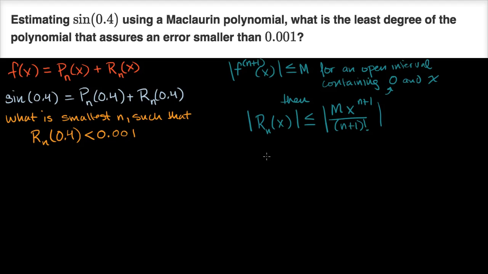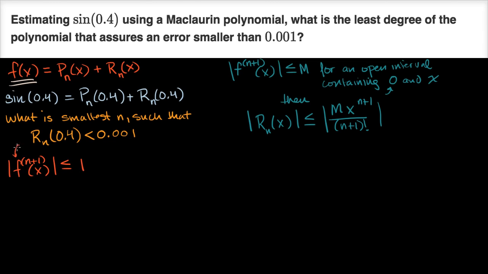So we could write generally that for this particular f of x, the absolute value of the n plus 1th derivative evaluated at any x is going to be less than or equal to 1.